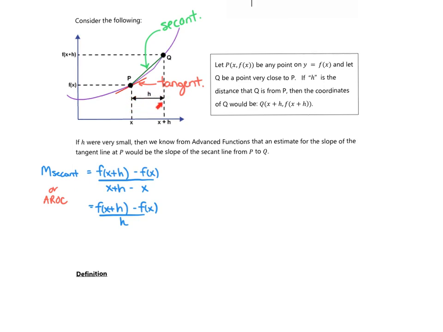And so I hope that you can see then that the slope of the tangent line, which is the same as the IROC, is really just the limit as h approaches 0 of that quotient.